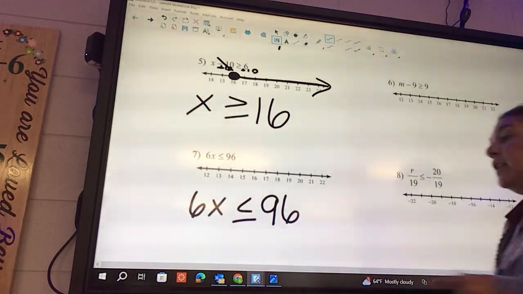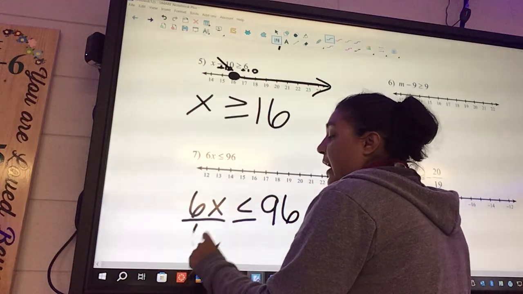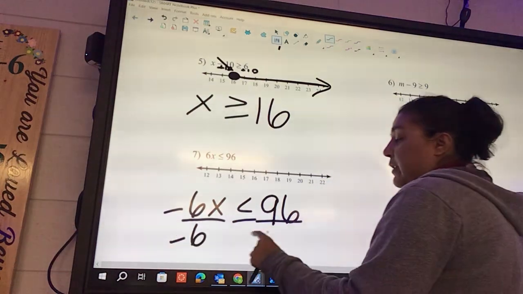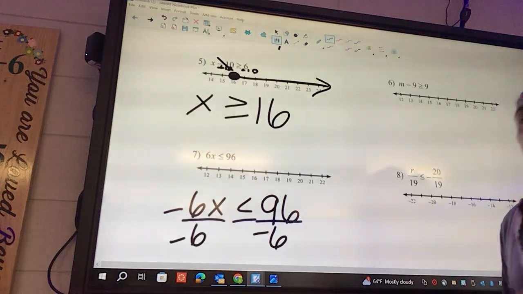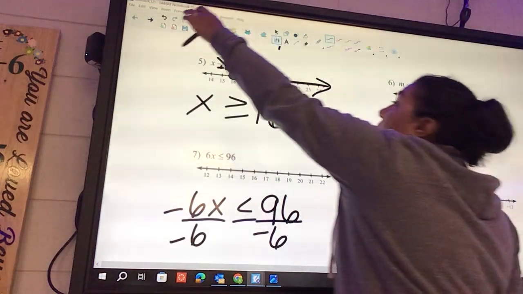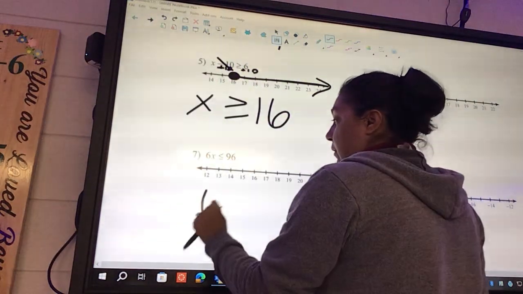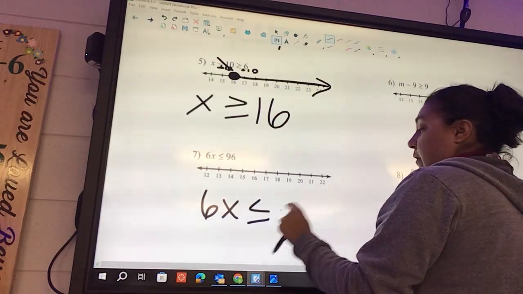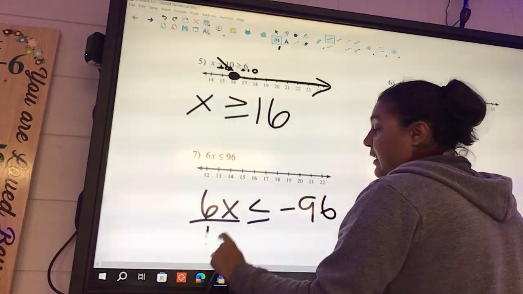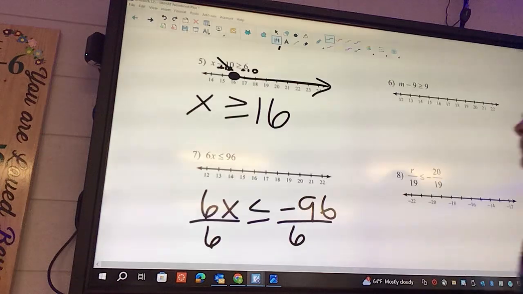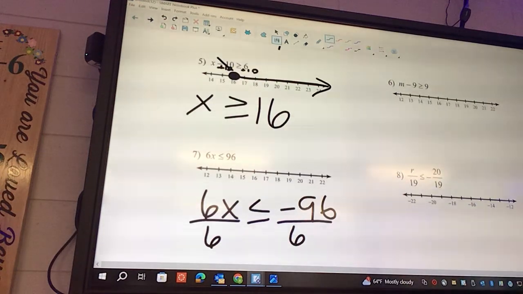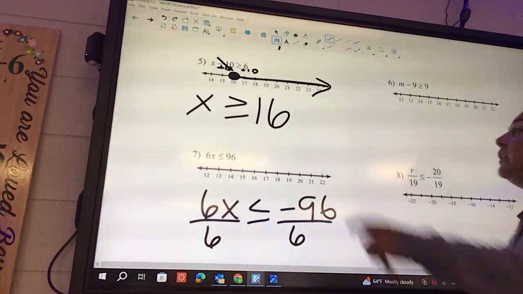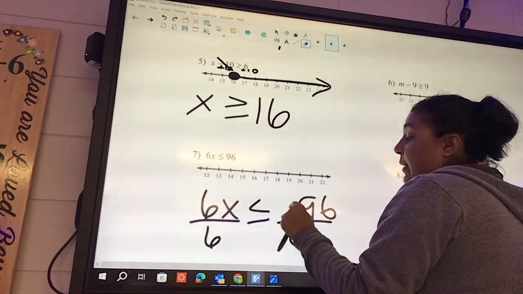Divide by 6. Now, if we divide by negative 6, because it was a negative, then we have to flip the sign. But if the 96 was negative and we divide by a 6, my answer is going to be negative, but I didn't actually divide by a negative. I divided by a positive 6. So we only multiply or divide by a negative.